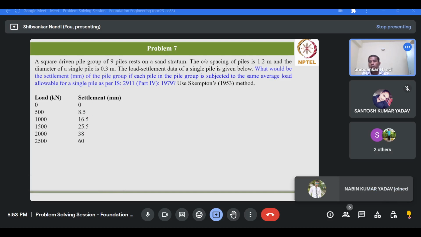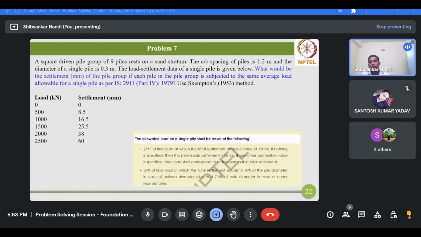Now what does this Indian standard IS 2911 part 4 recommend? It recommends that the allowable load on a single pile shall be lesser of the following. For the first case, it will be 2/3 of final load at which the total settlement attains a value of 12 mm.